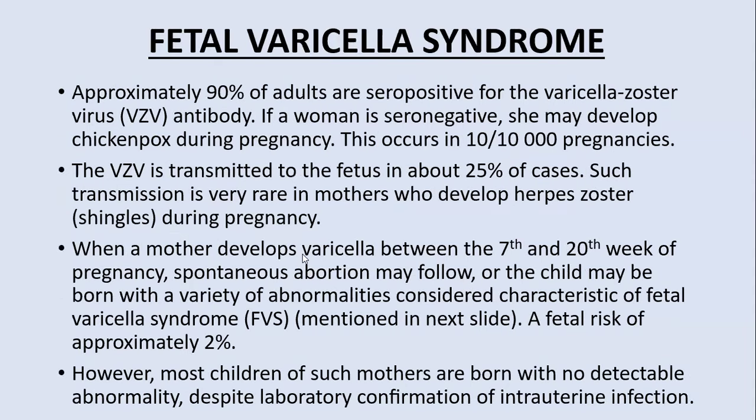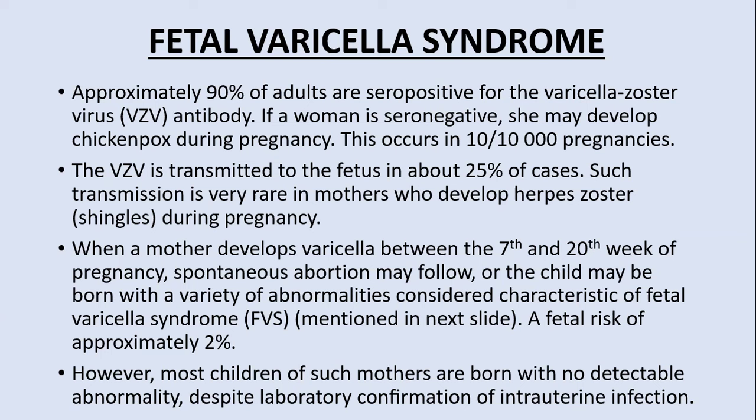The second infection we are going to discuss is the fetal varicella syndrome. Approximately 90% of adults are seropositive for varicella zoster virus antibodies. If a woman is seronegative, she may develop chickenpox during pregnancy, and this may occur in 10 per 10,000 pregnancies.